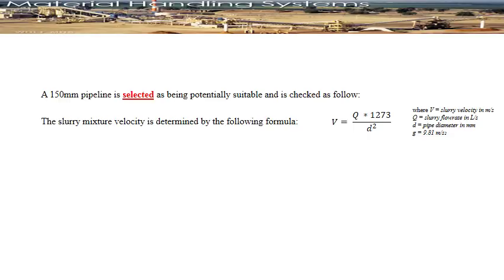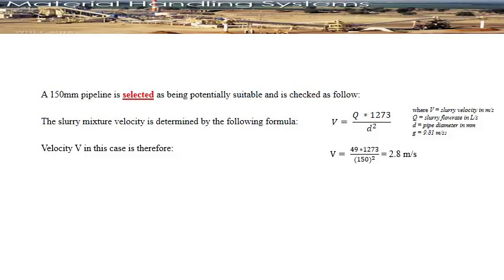So to check the slurry mixture velocity, the actual one, simply divide the Q in liter per second multiplied by 1273, all divided by the D square. The D is the pipe diameter in millimeters, and it's in this case 150 millimeters. So complete the calculation.